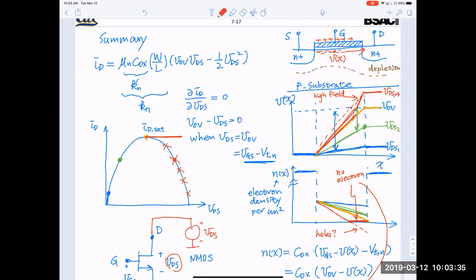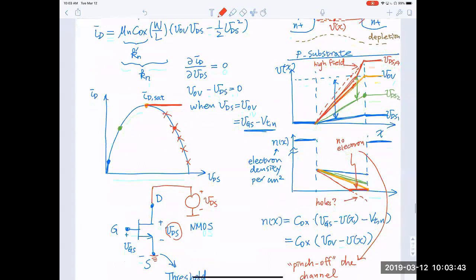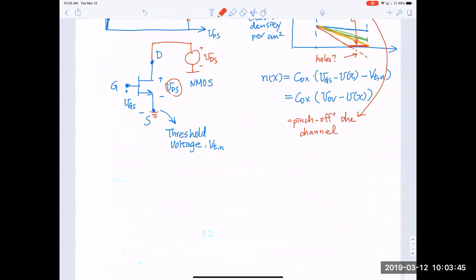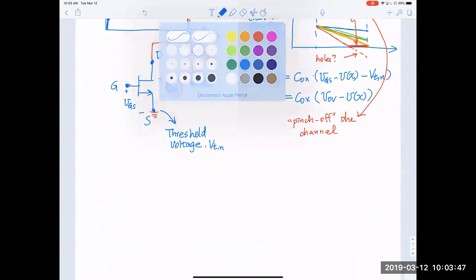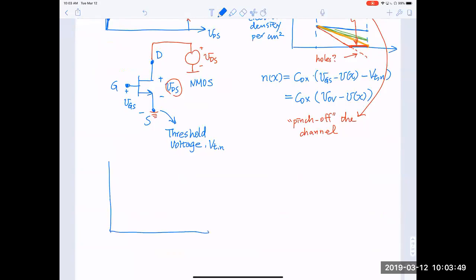It's roughly the same channel electron distribution, and the current simply goes straight here. So the IV curve should really look like ID versus VDS. It's a parabolic curve. Right at the point it reaches maximum, it levels off, okay?